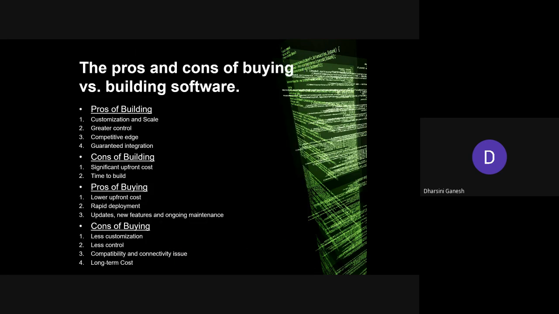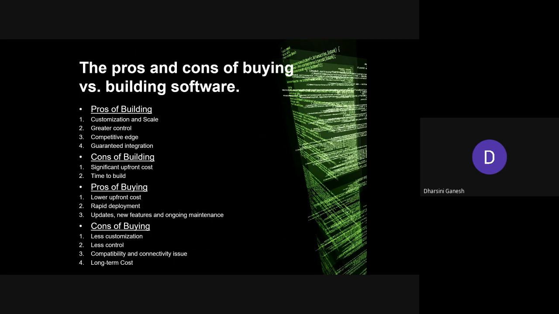Now, let's look at the pros and cons of buying versus building software. When considering whether to purchase pre-made software or create a custom software solution from scratch to satisfy all of our business demands, there are several things to consider. If you want to use a third-party system, make sure to take the time to compare the various suppliers and available options.